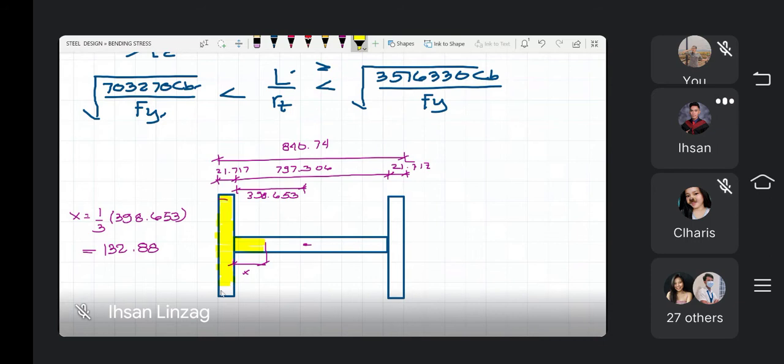So we have here the flange width, 292 point. Ano na yung flange width natin kanina? 354. Also, we have here the thickness of the web, which is 14.732.